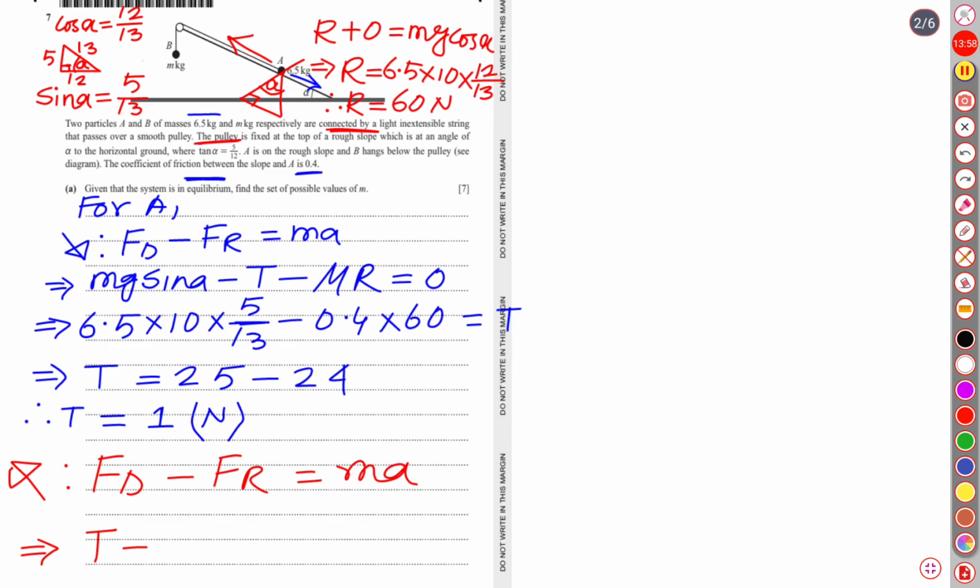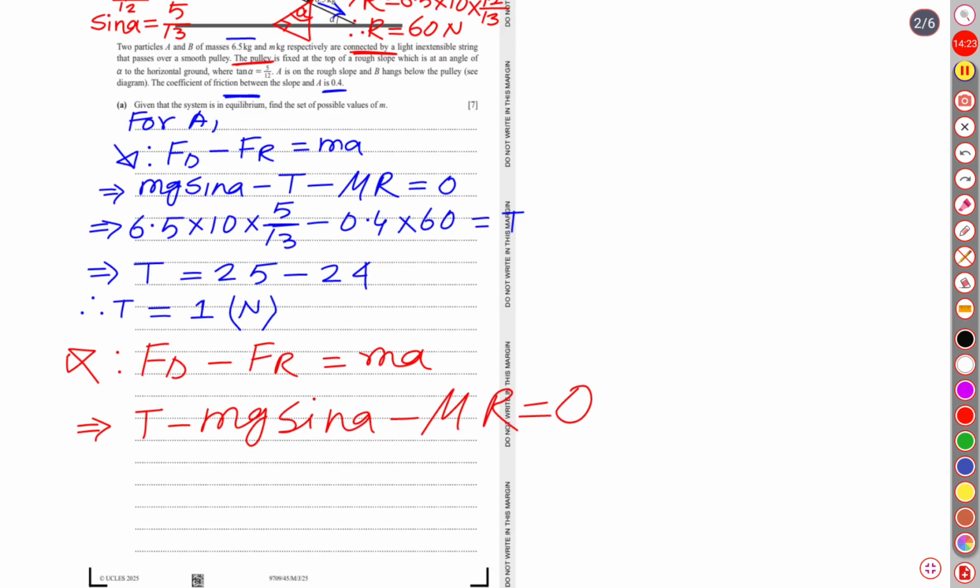Number one is our weight. Weight is trying to move it downward. So that is mg sine alpha. And the other force, as the plane is rough, is the frictional force, which also causes resistance, which is mu R, equal to, right side must be 0 because the system is in equilibrium.